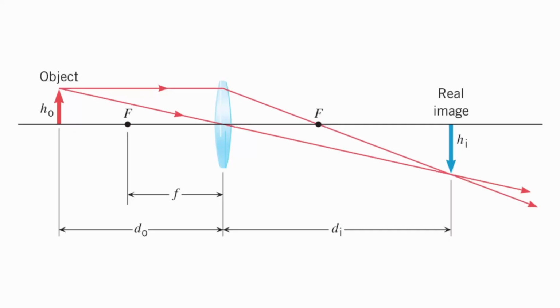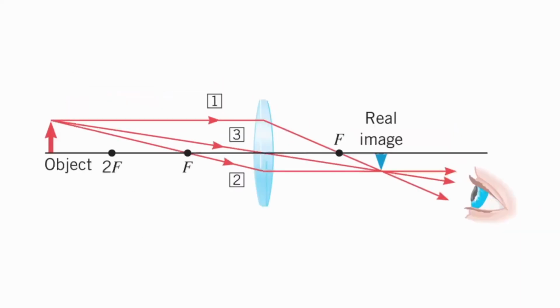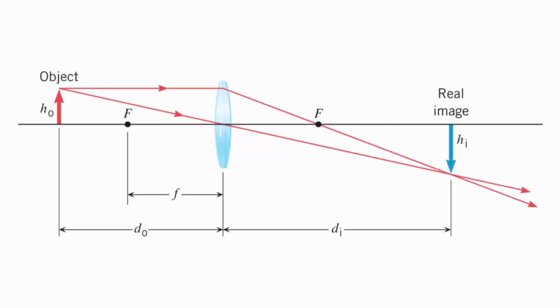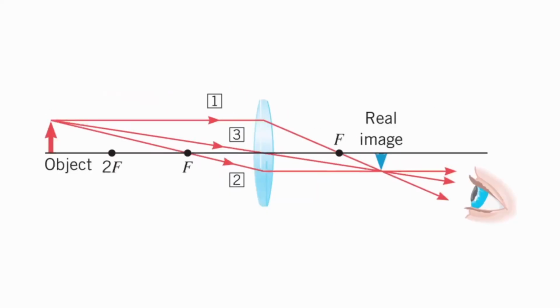Okay. So let's take your magnifying glass, okay? I want you to see the difference between a real and a virtual image. Use a magnifying glass the way you would normally use a magnifying glass.